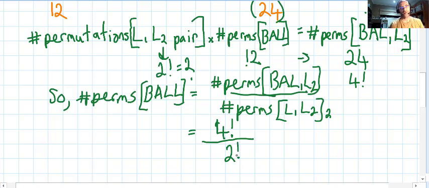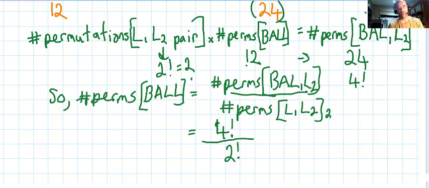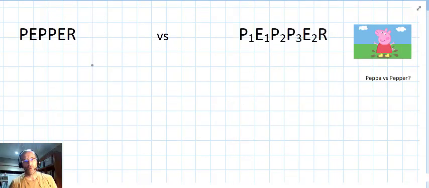Let's extend and generalize on this, but extend first by a slightly more complex example and then generalize at the end of our video. We've got PEPPER with the letters indistinguishable on the left versus PEPPER with the P's and the E's as separate distinguishable elements or objects. You can see the subscripts there.